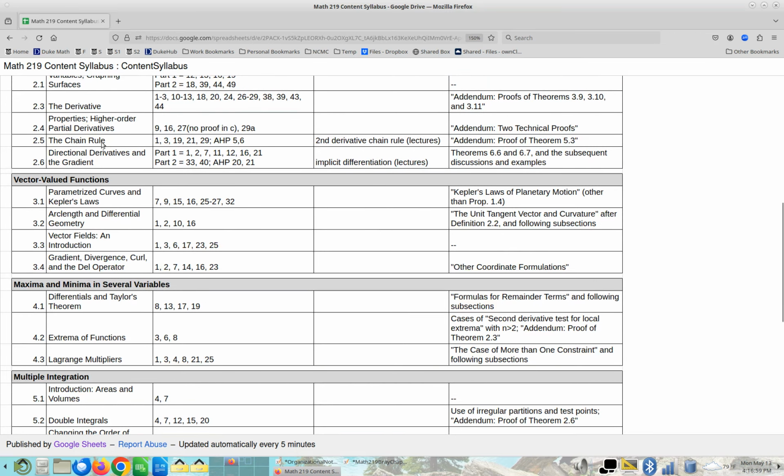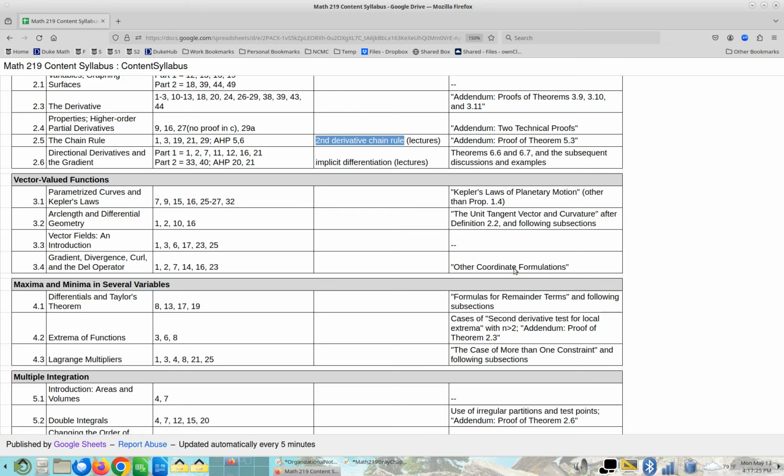So the first example you're going to notice here is in section 2.5. The book does not have any discussion on what I'm going to loosely call second derivative chain rule. And exactly what that is, we'll talk about when we get to the appropriate time. It's not important here. But it's, I think, very important in many applications.